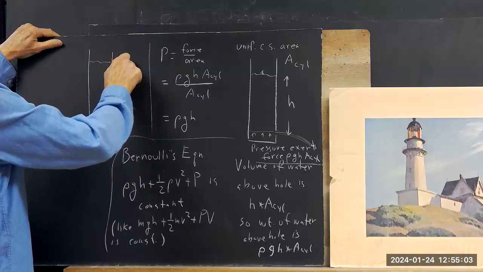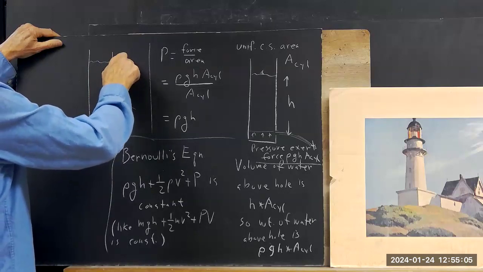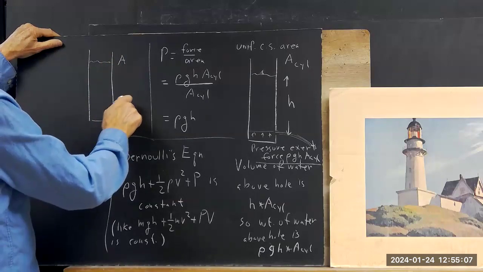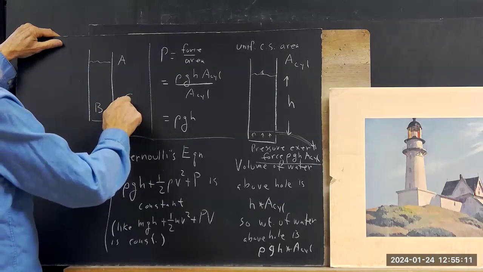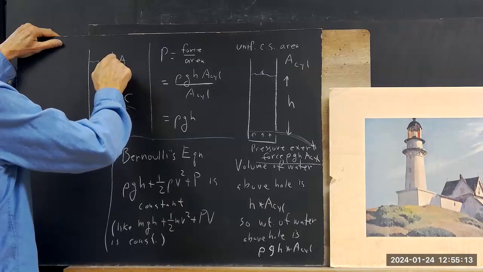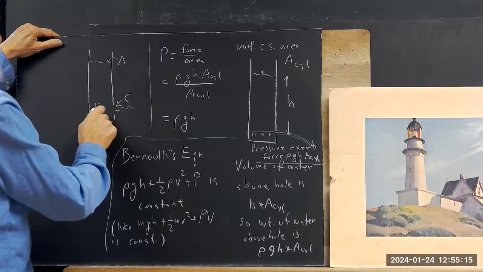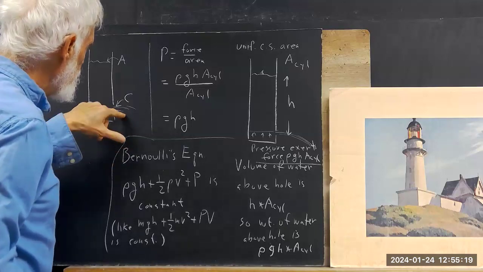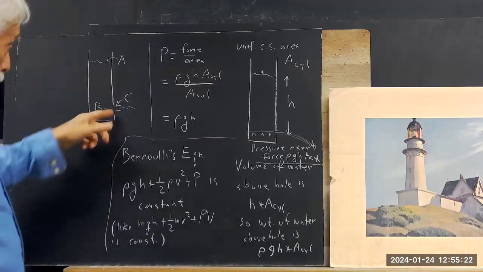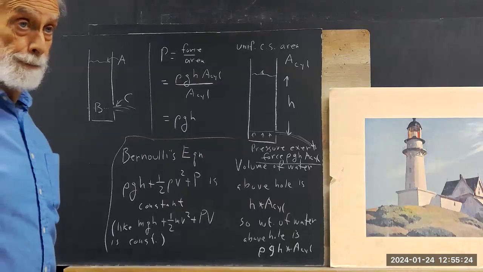This will be point A. This will be point B. And here's point C. A is at the surface, B is down here at the level of the hole, and C is this point at the level of the hole where the water's coming out.